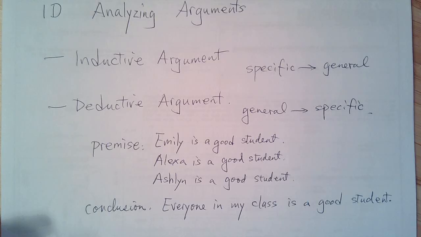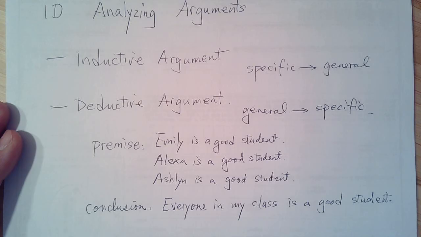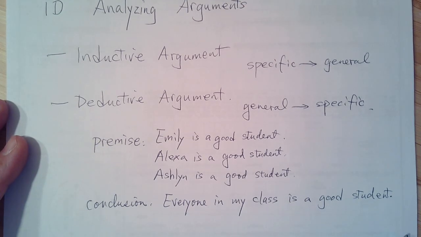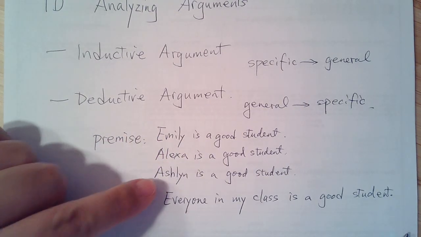Well, this inductive argument cannot prove its conclusion is true. It can be either strong or weak. It doesn't really mean it's true, but it can be either strong or weak. For example, Emily is a good student. Alex is good. Ashlyn is good.